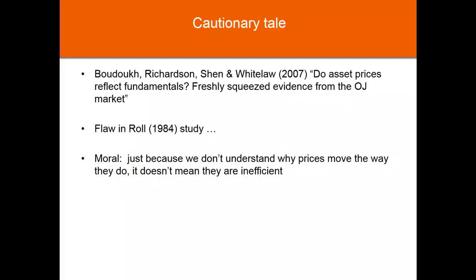Except in 2007, another study came out where they found a flaw in Richard Roll's original study. He was looking at changes in temperature across the full spectrum. So he was treating a 10-degree change from 30 degrees to 20 degrees the same as a change from 5 degrees to minus 5 degrees.